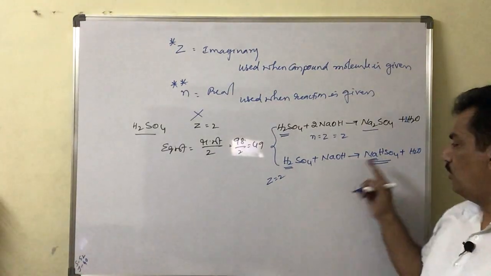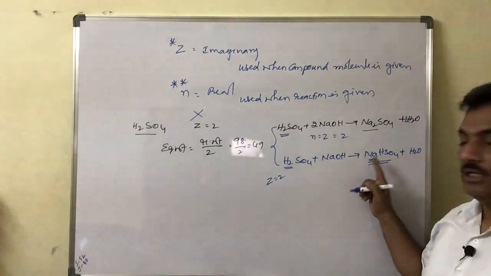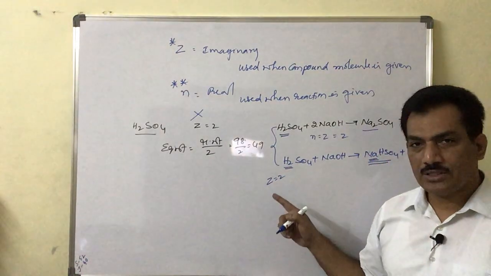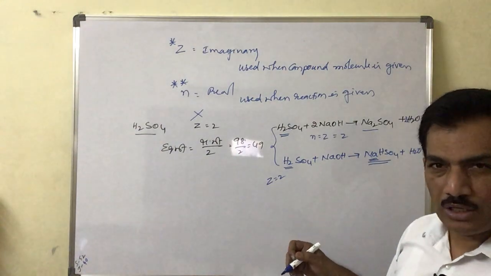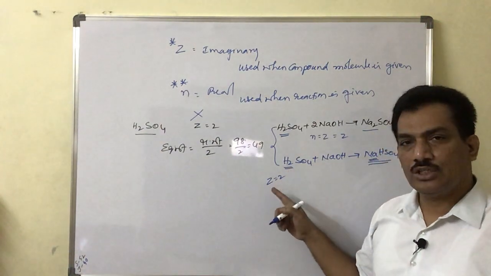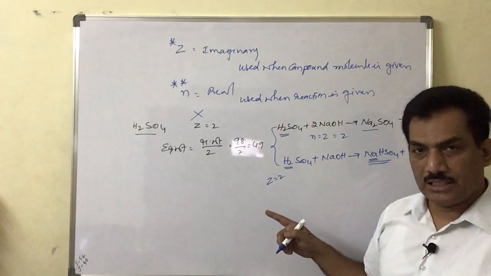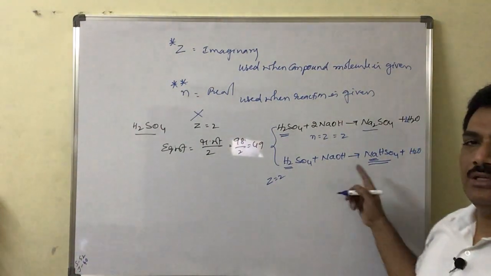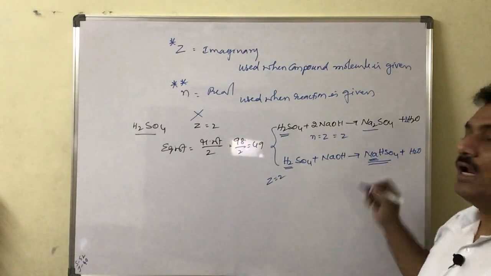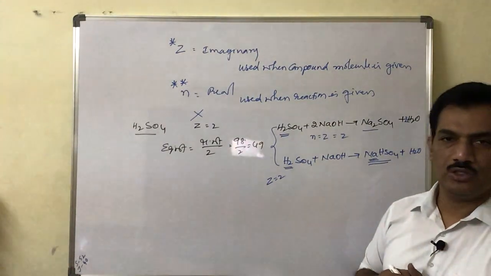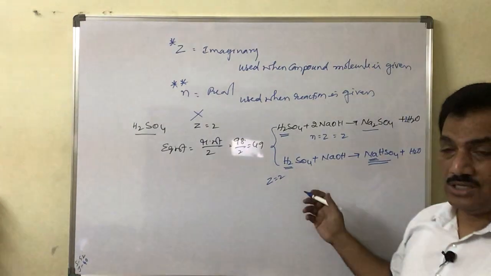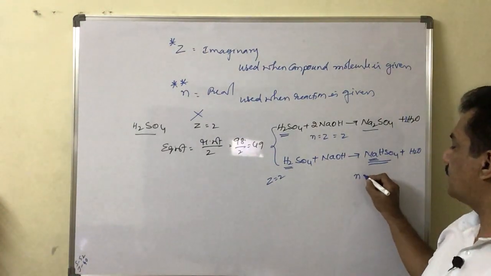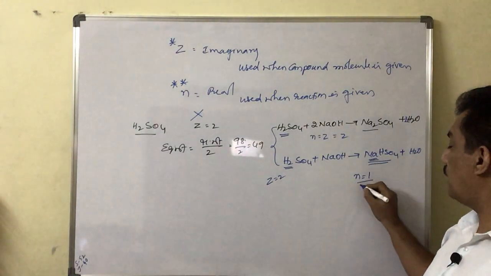We imagine that the 2 hydrogens in H2SO4 are replaceable, but practically in the given reaction only 1 hydrogen is replaced. In such a case, we have to consider the N factor as 1.